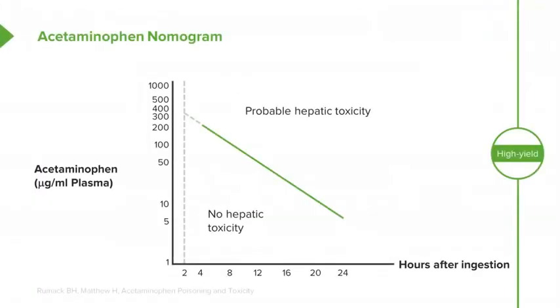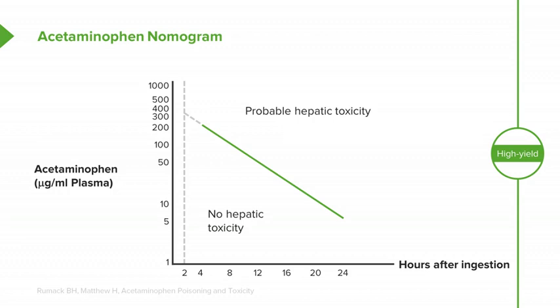If a patient was alone between, again, 8 and 11 p.m., we're going to guess that it was at 8. We want to imagine the worst case scenario. And then we'll draw how many hours out and we'll plot a point, the level and how many hours out from when they ingested the drug. If the dot is above the line, we will treat. If the dot is below the line, we will not treat.